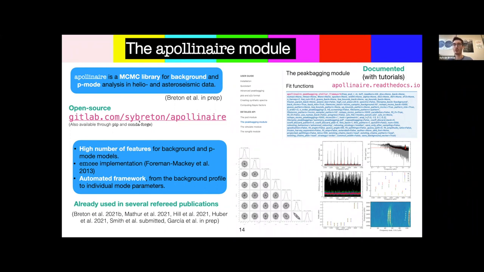This requires additional work by hand before running the code. Then you can fit a global set of Lorentzians on the part of the spectrum you are interested in, and this way you will get a characterization of the mixed modes. But getting an accurate first guess of the mixed mode frequencies is not performed yet by Apollinaire and could be an improvement in the years to come.